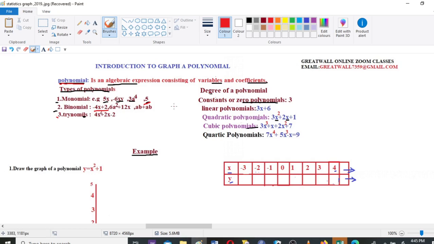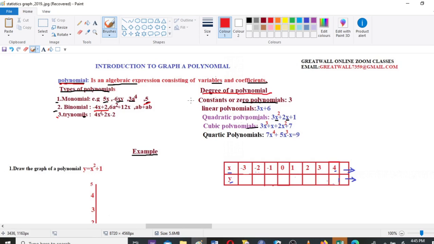Now every polynomial has a degree, its highest power. We call that the degree of a polynomial. So the highest power of its variables is what we call the degree of a polynomial. Let's look at the examples.